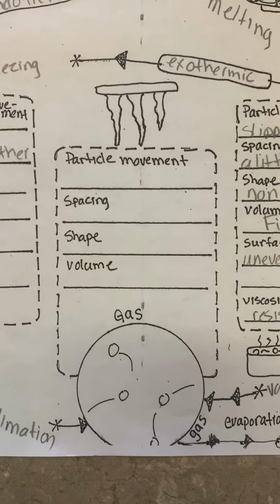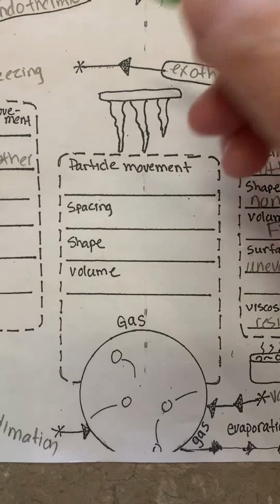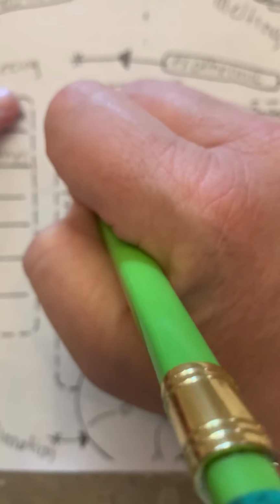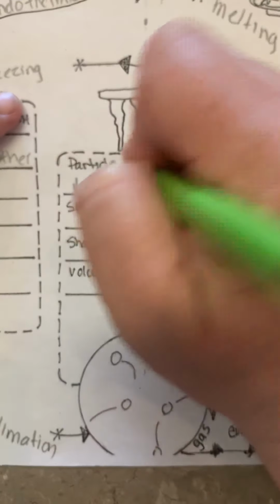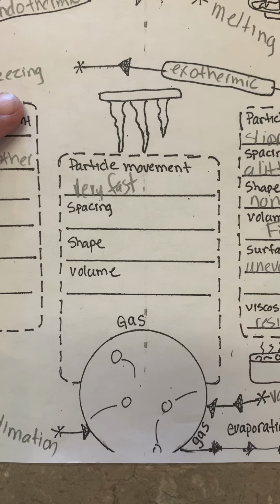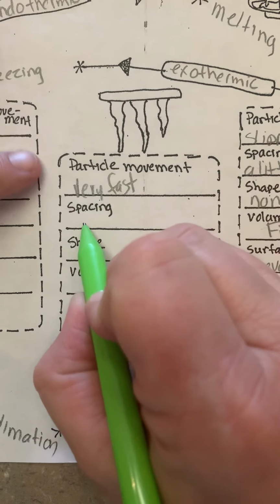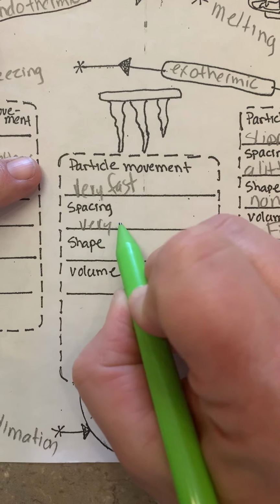Now let's talk about particles in a gas phase. Movement, very fast. The fastest of all the three main phases of matter, not as fast as plasma. Plasma's faster, but we are only dealing with these three here. Spacing, very far apart.